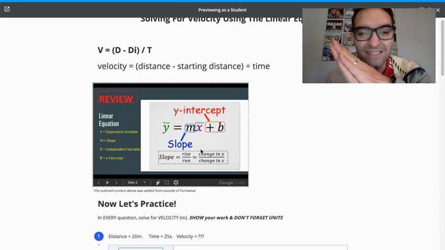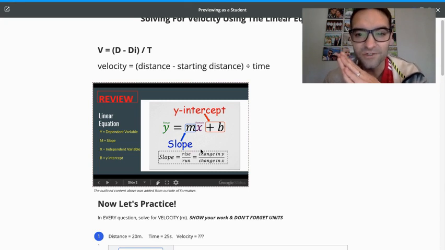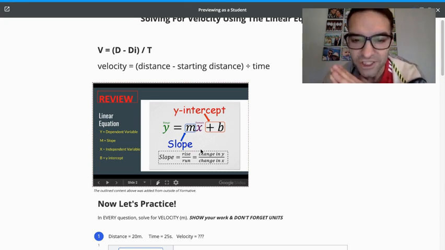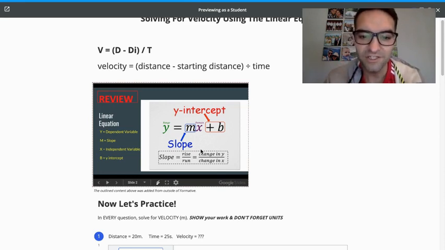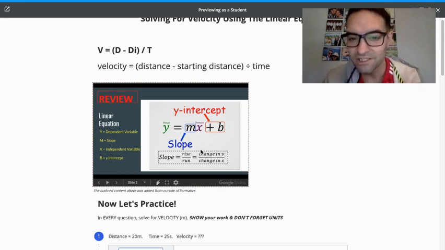And because it does that, we can refer to it as a linear relationship. And because of that, we can then use the linear equation to make predictions or answer questions about a scenario.